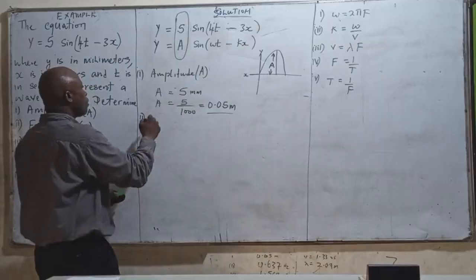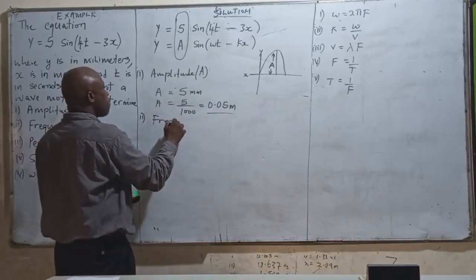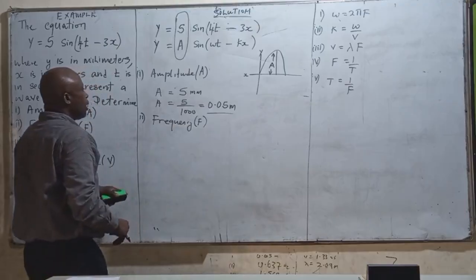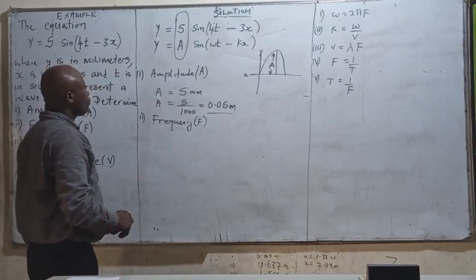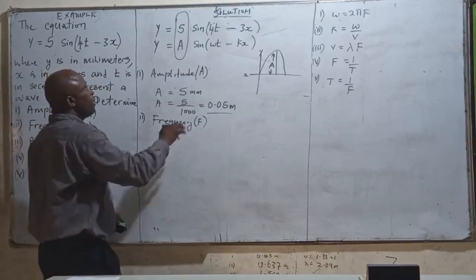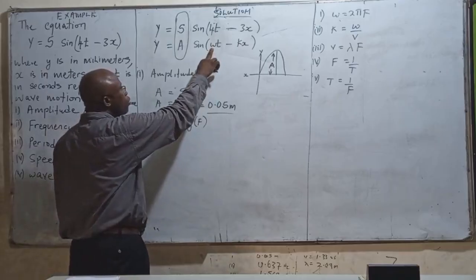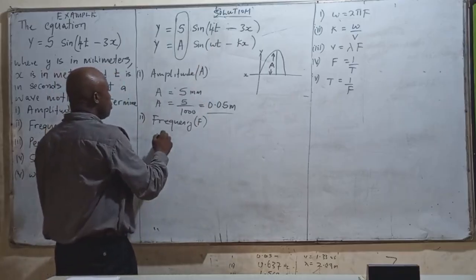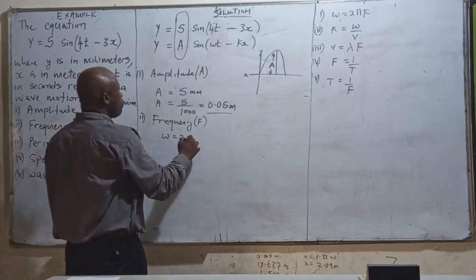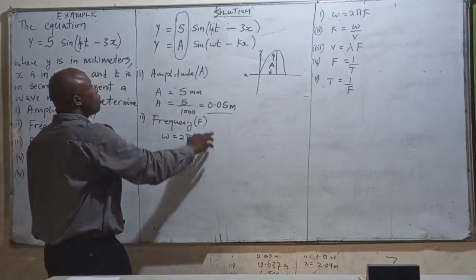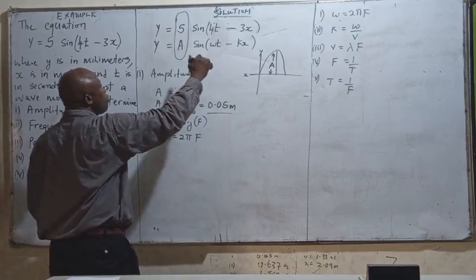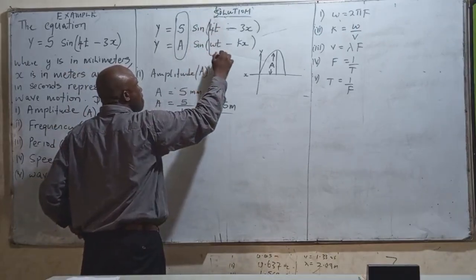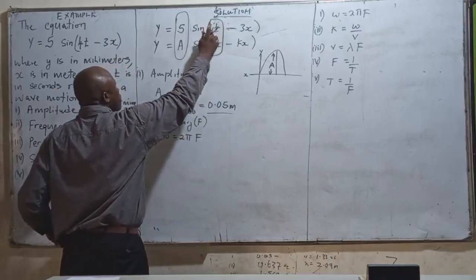We are asked to solve for frequency f. There is a parameter w, which equals 2 pi f. So we go straight to the equation, and we discover that wt can be compared to 4t.